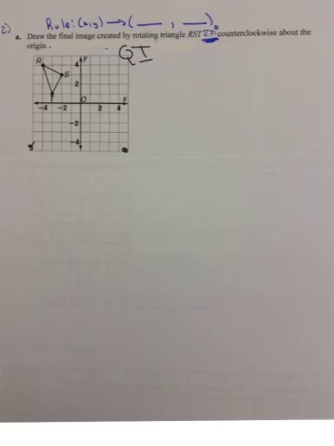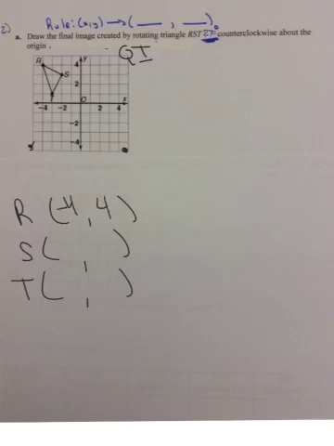So let's start with our original points: point R, point S, and point T. Let's count here. Point R, we're going left 4 and up 4. Point S, we're going left 2 and up 3. And point T, we're going left 3, so negative 3, and up 1.